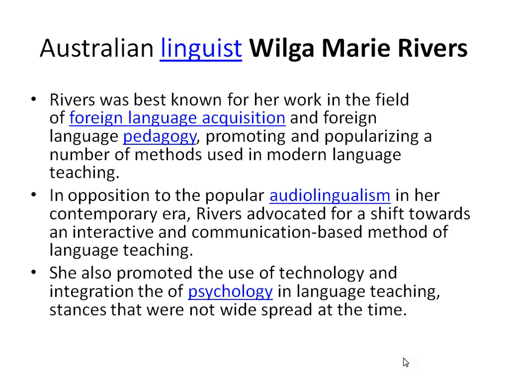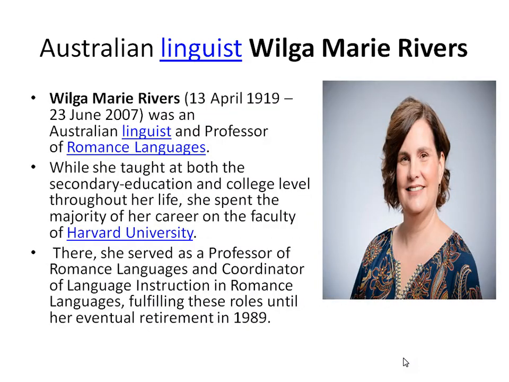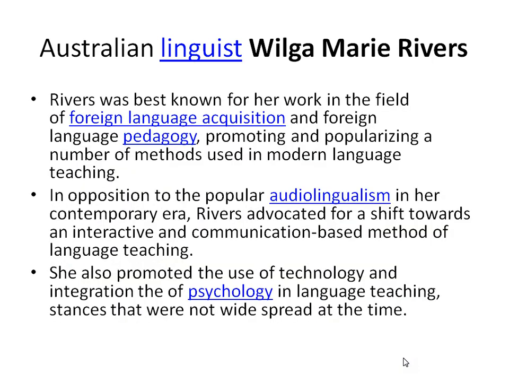This scholar, Rivers, is not rivers like Padma, Meghna, Jamuna, right? Her name is Wilga Mary Rivers. Rivers researched a lot about second language pedagogy and foreign language, promoting and popularizing a number of methods used in modern language teaching.